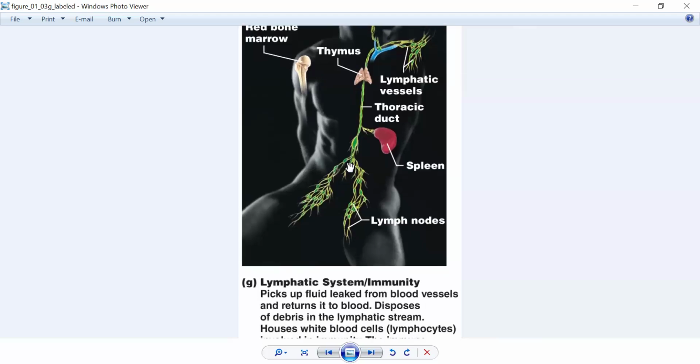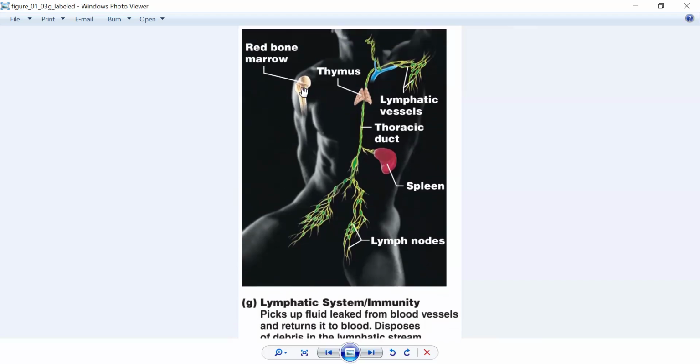Another function is, we said white blood cells are produced in bone marrow, right? So you see to the top left of the picture, bone marrow. So you'll notice your skeletal system, the bone marrow part, also belongs in the lymphatic system because that's where white blood cells are produced. And once white blood cells are produced, they enter your bloodstream, and then they can get out of your bloodstream and enter tissues like your lymphatic system.